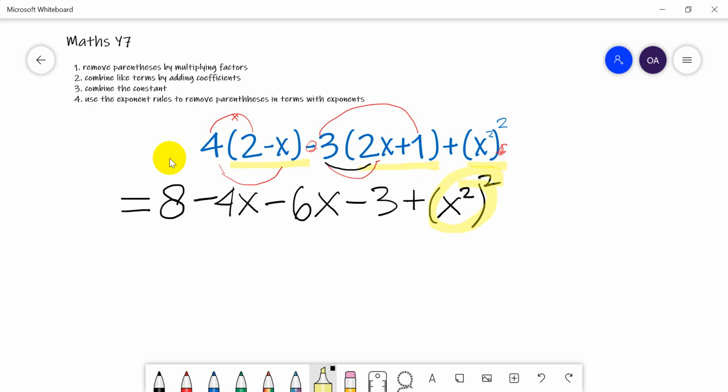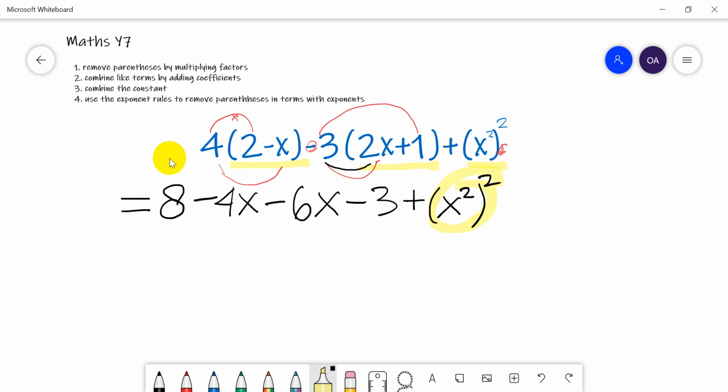For this case, the exponent rule that can be applied is that we can multiply the exponents. When a term with an exponent is raised to a power, we multiply the exponents.